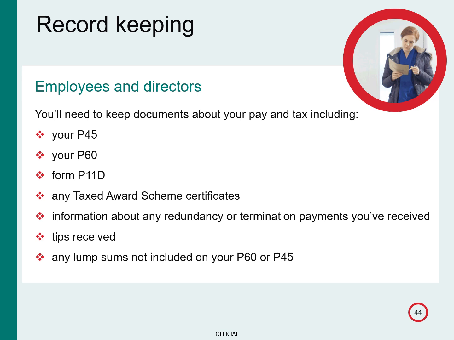This provides pay and tax details for the tax year. Form P11D, which provides details of any expenses and benefits, such as a company car or medical insurance. Information about any redundancy or termination payments you've received. Tips received and any lump sums not included on your P60 or P45.